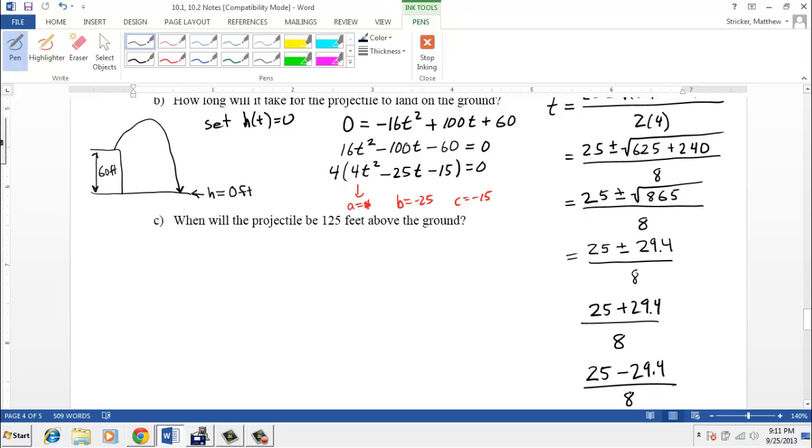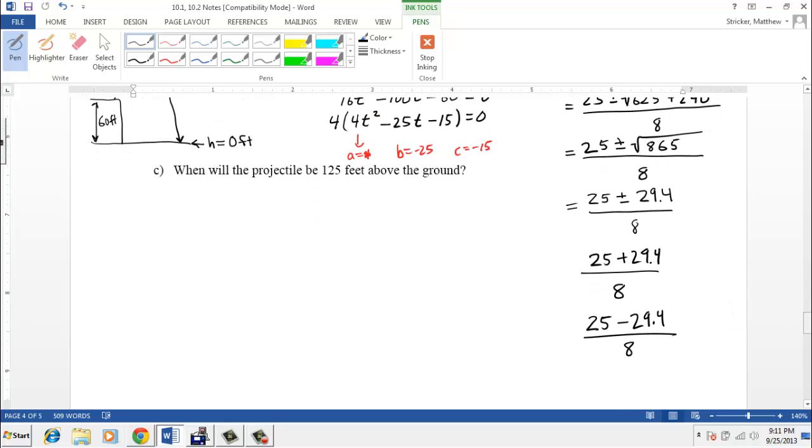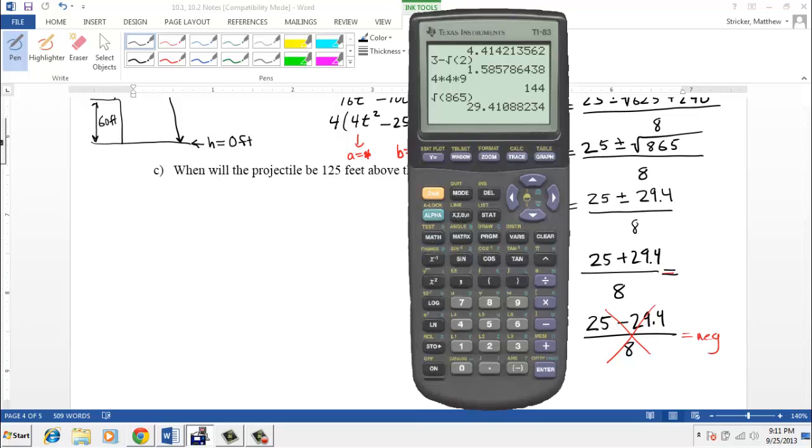One of these we don't want to use. Which one don't we want to use? Well, obviously the bottom one is going to be negative because 25 minus 29.4 is a negative answer, and we don't care about negative times. We really only care about the positive time on the first one. So if I pull my calculator back out, I'm not going to round yet.